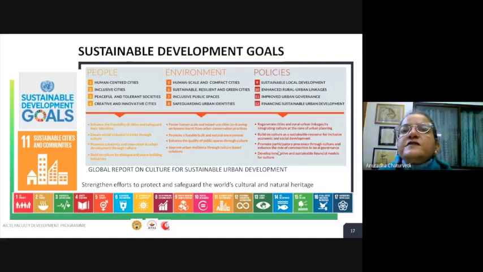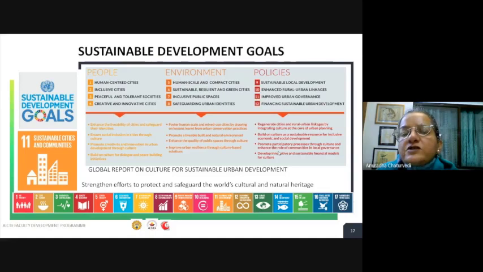The first was in relation to people, that the cities have to be human centered. The cities have to be inclusive, societies have to be peaceful and tolerant, and cities should be creative and innovative. So this is linked with the management of heritage resources, and if the heritage resources of various places are properly managed, the livability of cities will be enhanced and the identities of these cities will be safeguarded.